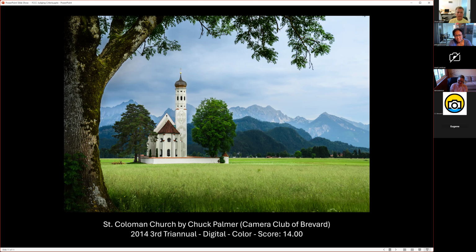So again, my point is you've got to take some of these competitions to some degree about what you like in a photograph. To me, this was perfectly framed. I loved using secondary frames, and you've got this tree with a secondary frame, and because of the shadow in the foreground, it is just perfectly framed.